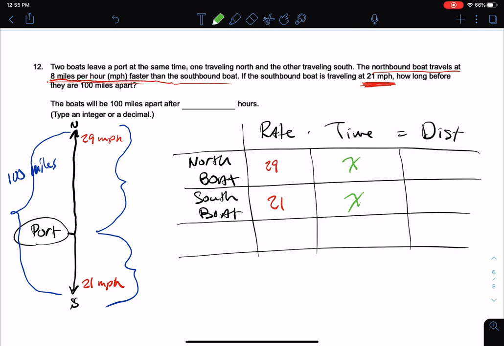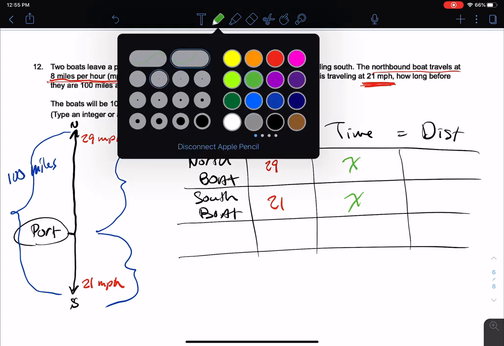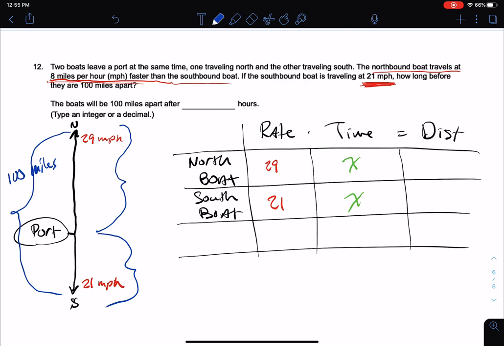The distance we don't know, but wait a minute, yeah we do, because we know that rate times time equals distance. So this distance that the northbound boat went is just going to be rate times time. It's just going to be 29x. That represents a distance. And rate times time is the southbound boat distance.